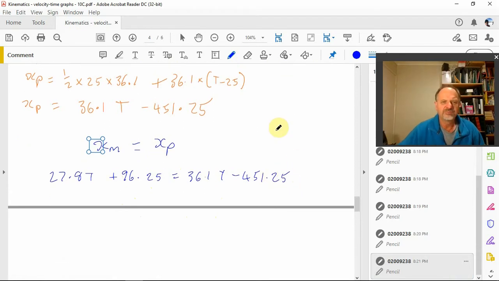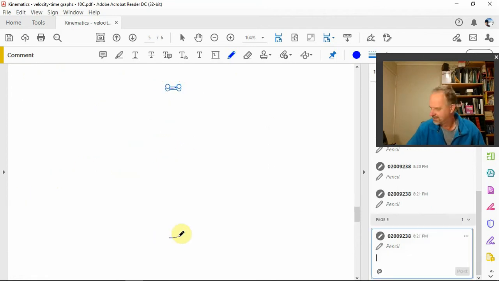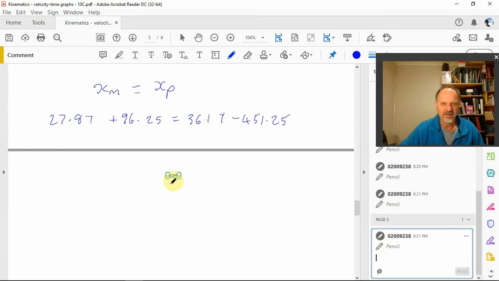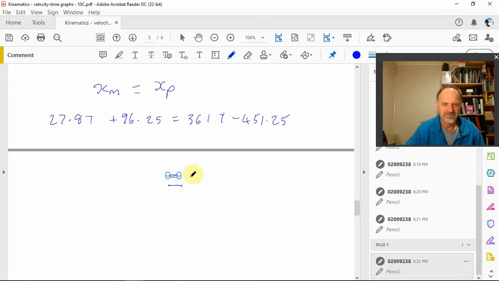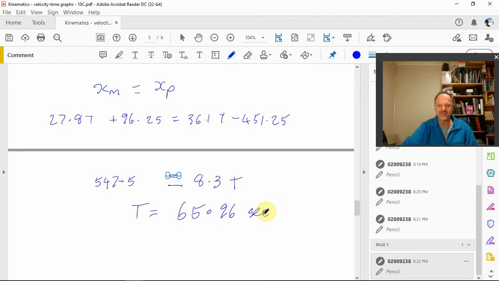Then when you rearrange, take 27.8T from both sides, you get 8.3T. Then if I add 451.25 to both sides, I get 547.5. Then divide by 8.3, you get 65.96 seconds after the motorist passed the policeman.